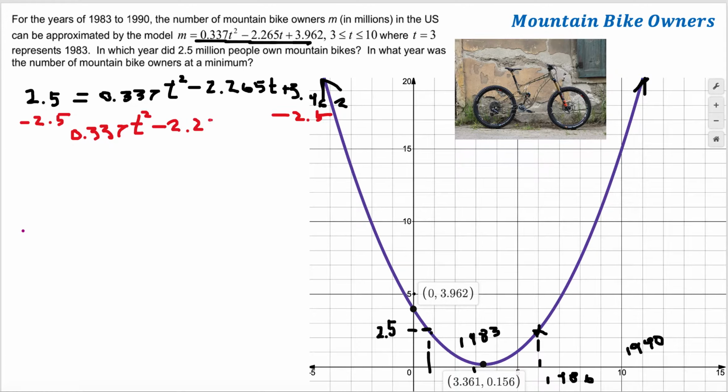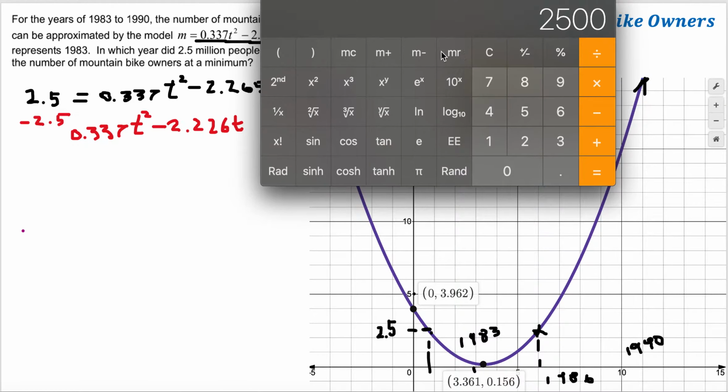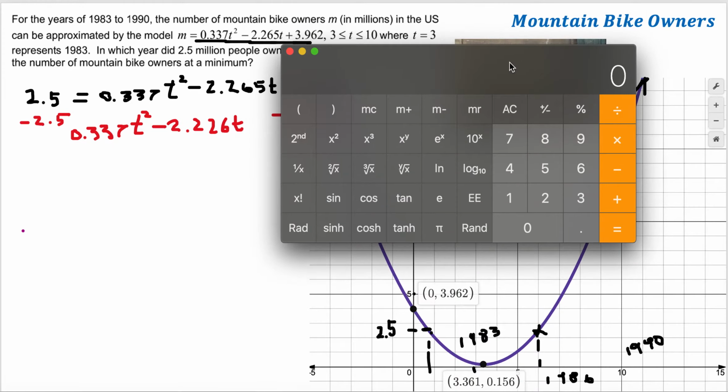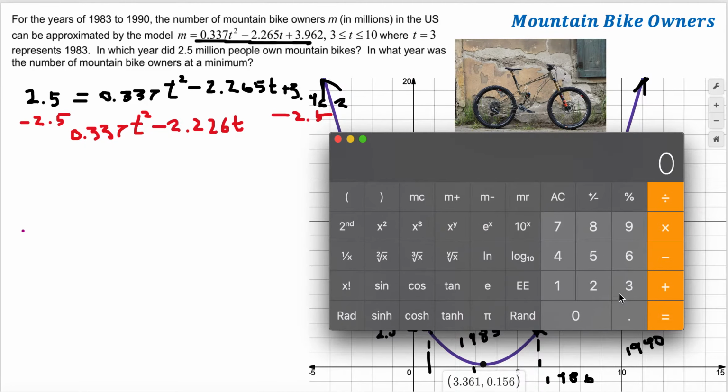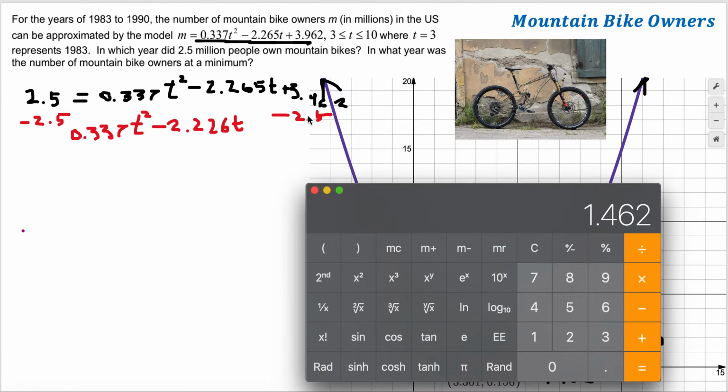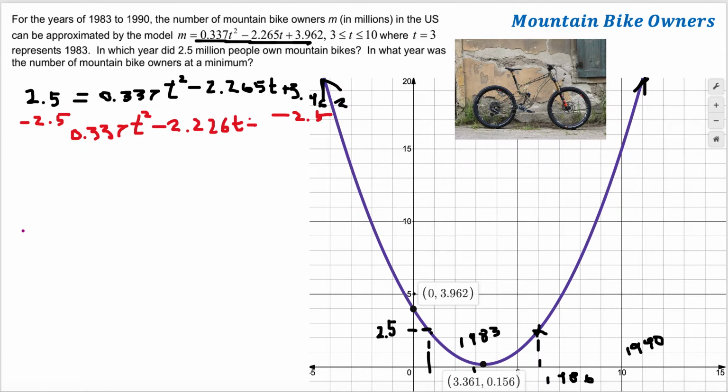The last number that is going to be affected is this number c, 3.962 minus 2.5, and I'm going to get plus 1.462.